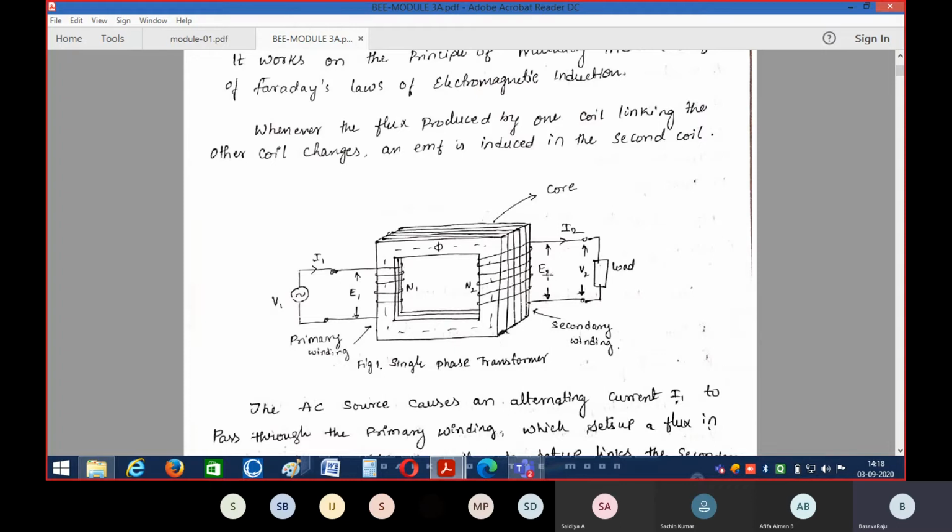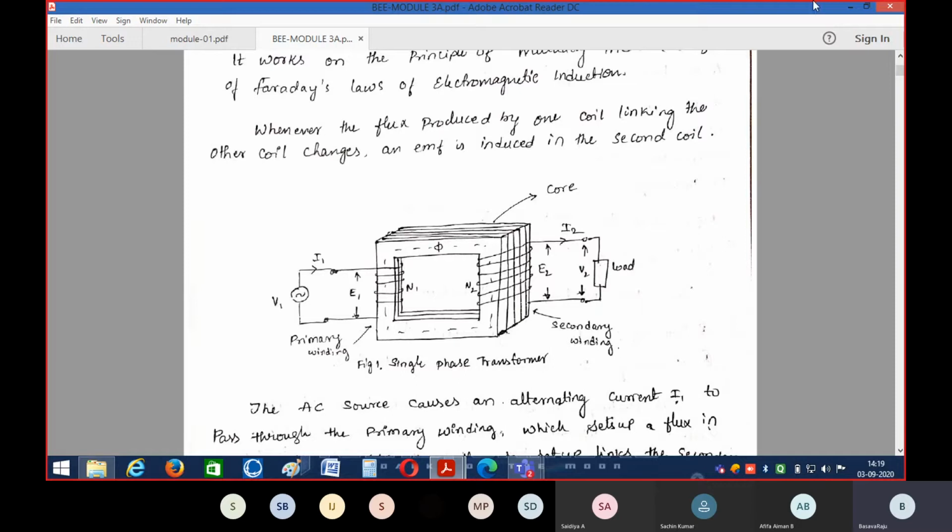So whenever EMF is produced here, and this secondary winding is connected through a closed load, the voltage induced in the secondary winding drives the current to the load, and that current we call the secondary current, represented with I2. So here I2 represents the secondary current, E1 is the primary voltage, E2 is the secondary voltage, and V2 is nothing but the amount of voltage across the load.